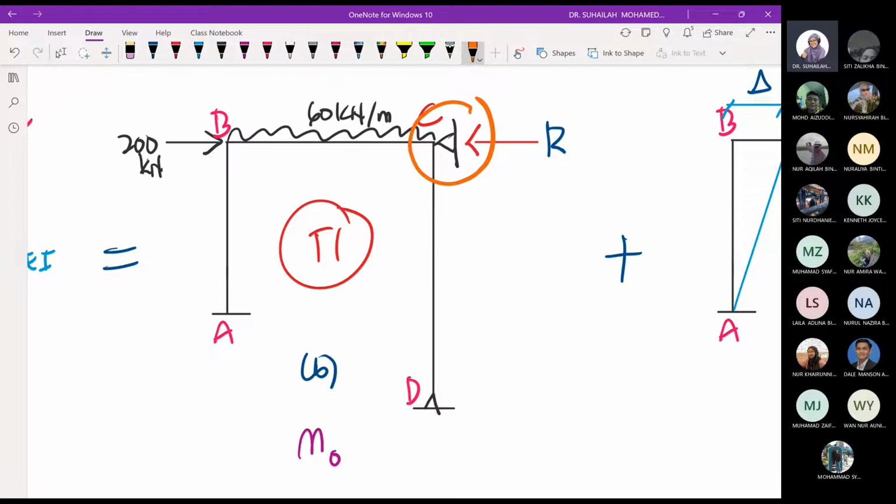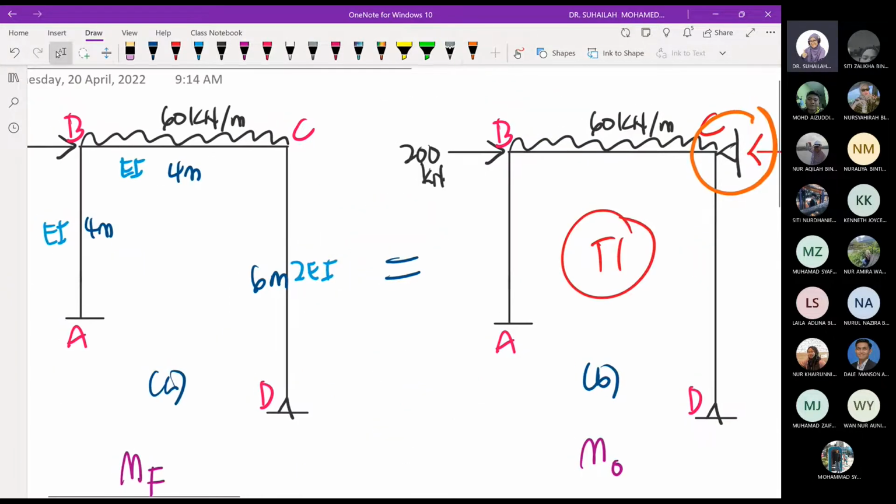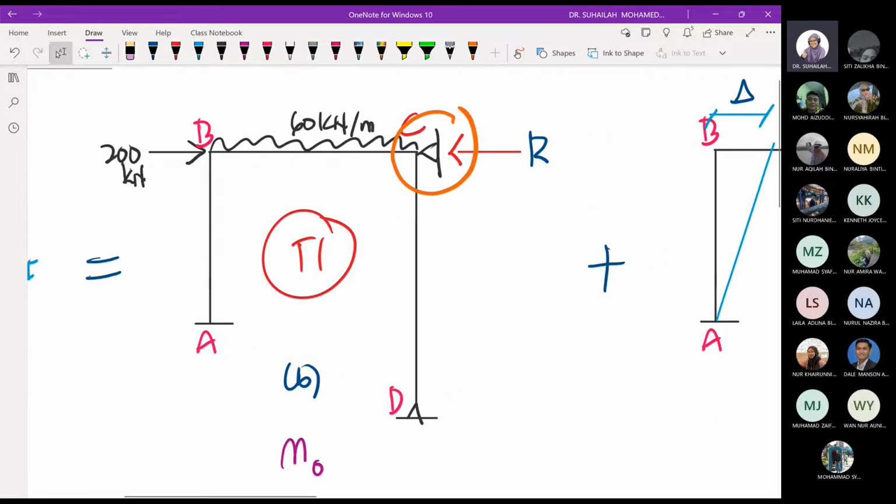Properly restrained means that if the frame tends to sway to the right direction, we have to put a pin support, and from the pin support there will be a restraining force called R. Our intention is only the restraining force in the horizontal direction, R. This R will become the wall, so this frame is now called properly restrained.